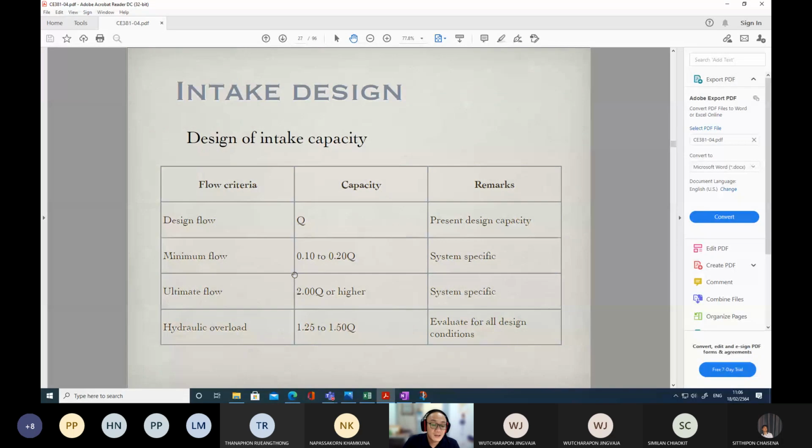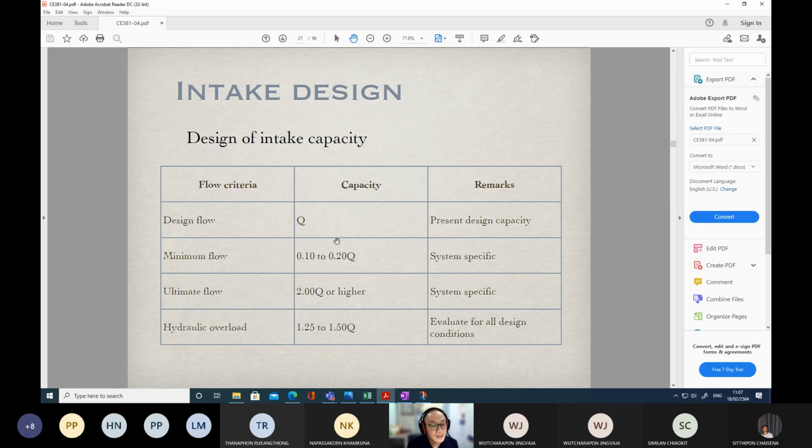The flows may be twice the design flow sometimes, but the minimum flows may be just 10 to 20% of the design flow. Anyway, the intake facilities should be able to accommodate this very wide range of flows from the minimums to the ultimate or highest flow.